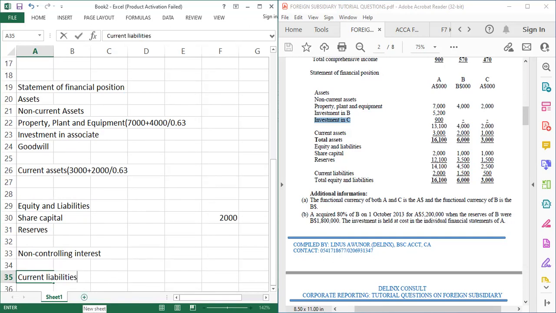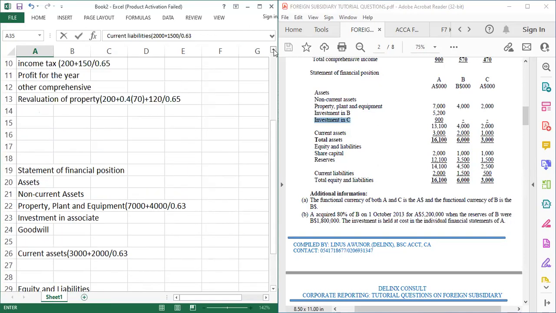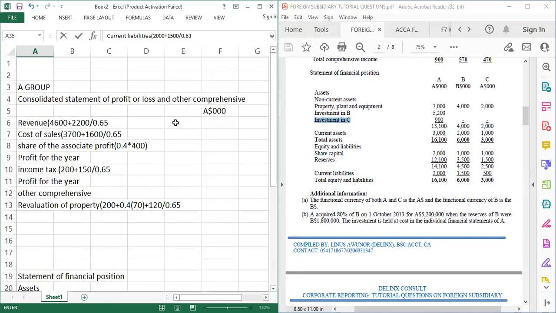The current liabilities, the parent one is how much? 2,000, plus the subsidiary's one is how much? 1,500 divided by 0.65. Okay. Let's total everything from this place. So let's convert all these things. 200 divided by 0.65.